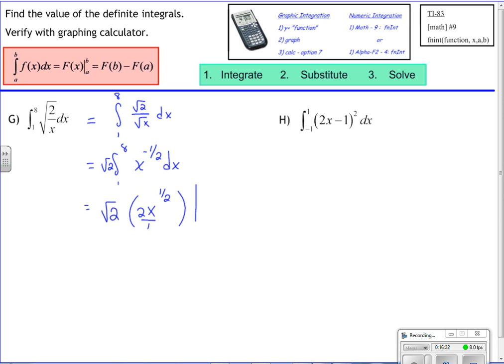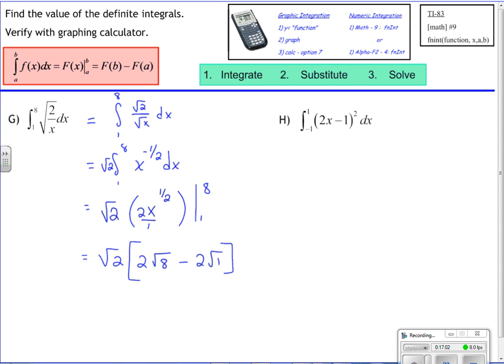And then I want to evaluate it from 1 to 8. I would have square root 2 out front, and then I'm going to put my 8 in. I'd have 2 square root of 8 minus, put now the 1 in, 2 square root of 1. And I feel like I've lost a 2 along the way somewhere.